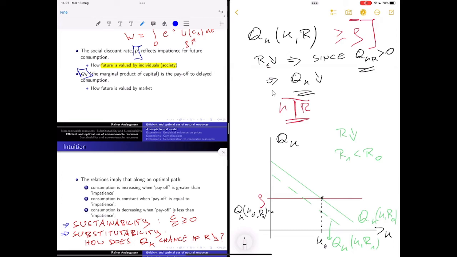Going back to what I said before, if my R declines, my marginal product of capital declines. Therefore you need a sufficient degree of substitutability between K and R such that sustainability is socially optimal. Otherwise, the two are incompatible. Okay, is it clear?